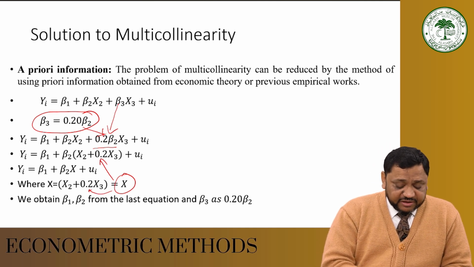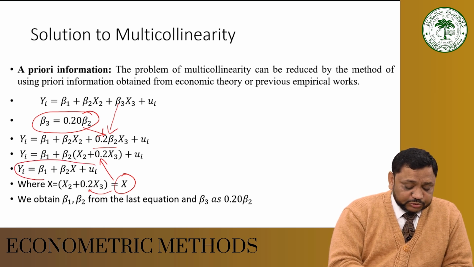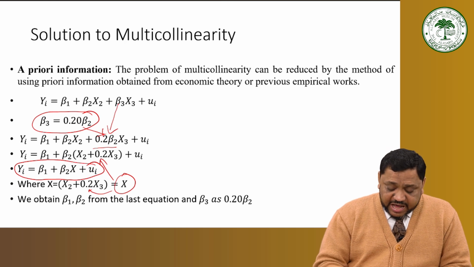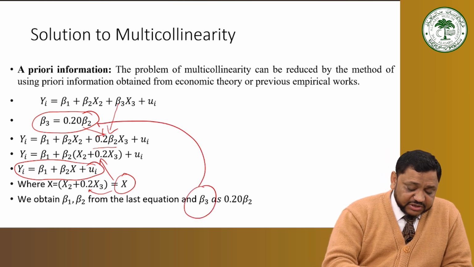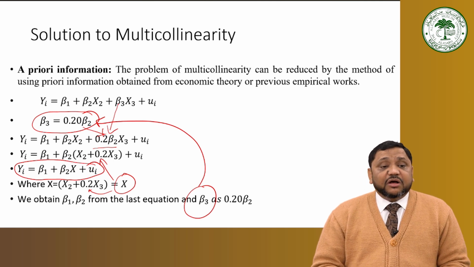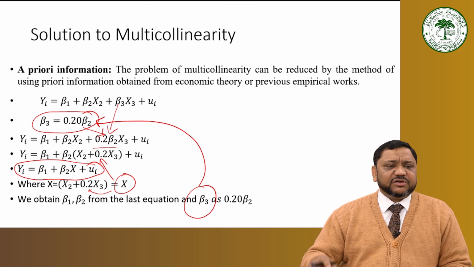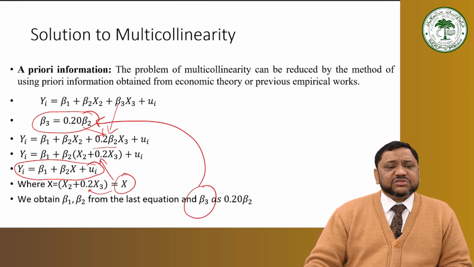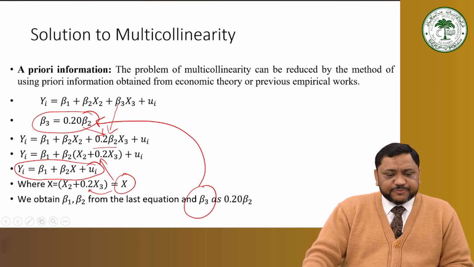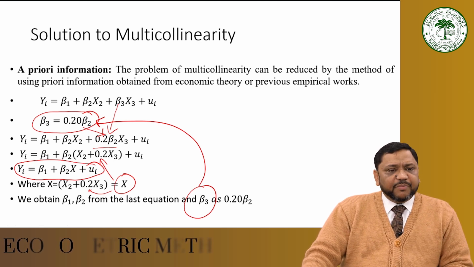Now we can obtain the value of beta 1 and beta 2 from this equation, and the value of beta 3 from this relationship. But this is again a case wherein you must have a priori information. You must know from previous literature, from previous empirical works, that a certain relationship exists between two of the variables. So having a priori information is also a solution to multicollinearity.